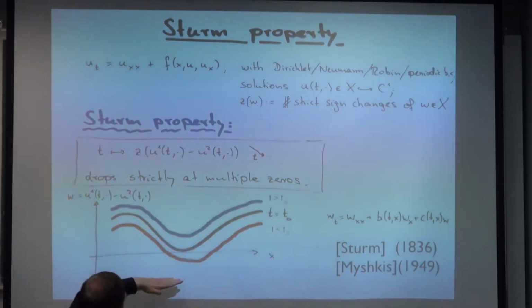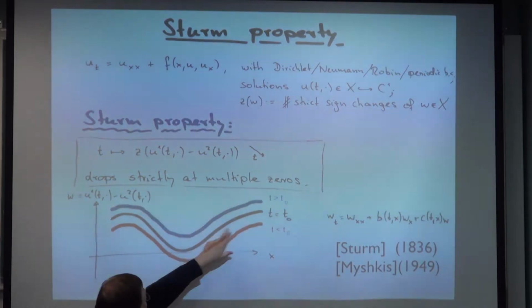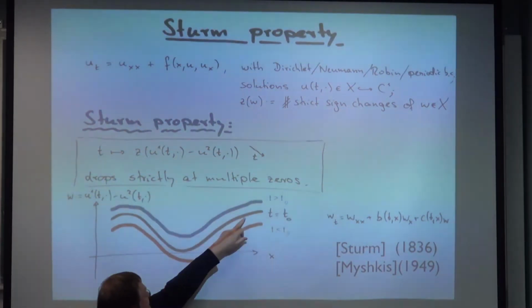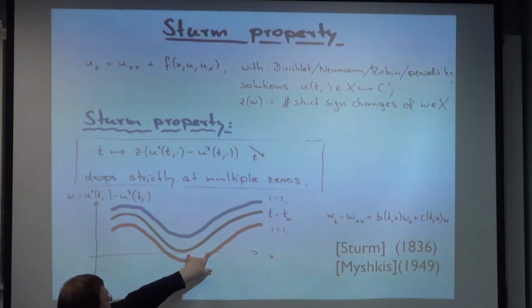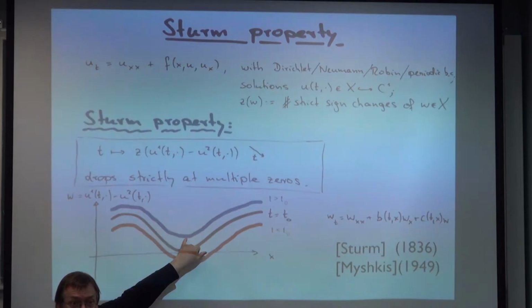And if that difference has a double zero somewhere, I'm plotting a profile at time t0 in x, has a double zero here, then before it had to have 2 zeros and afterwards none.